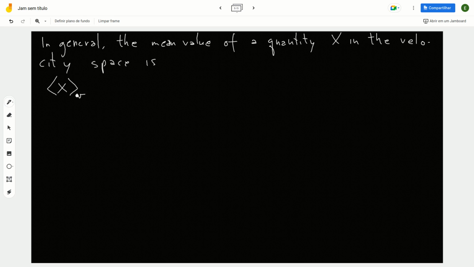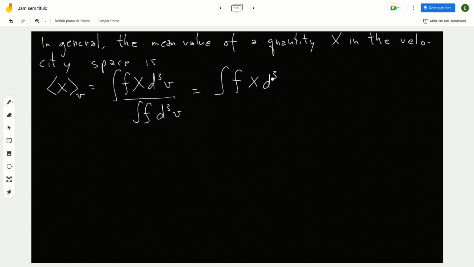So this is representing the mean value of x: you integrate the distribution function times the quantity we want. You integrate in v, and you divide by the distribution integrated in v. Let me write it this way as well. Okay, this is just the number density per unit volume of ordinary physical space.